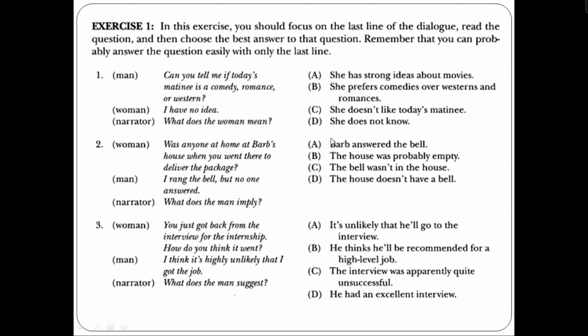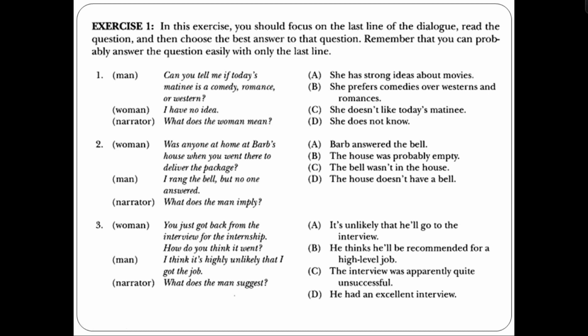A, Bob answered the bell. B, the house was probably empty. C, the bell wasn't in the house. D, the house doesn't have a bell. What will be the possible answer? Yes, the answer is B. The house was probably empty because the man rang the bell, but no one answered. That's so good.